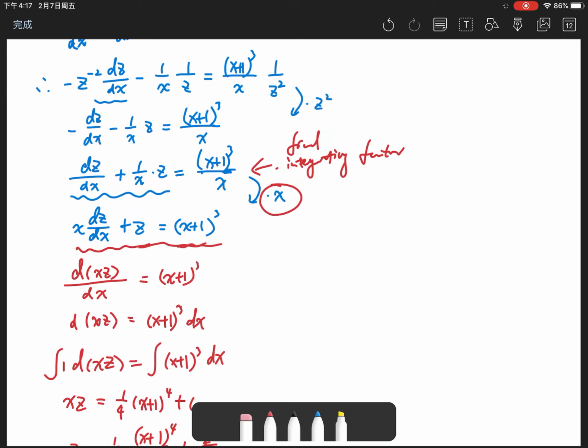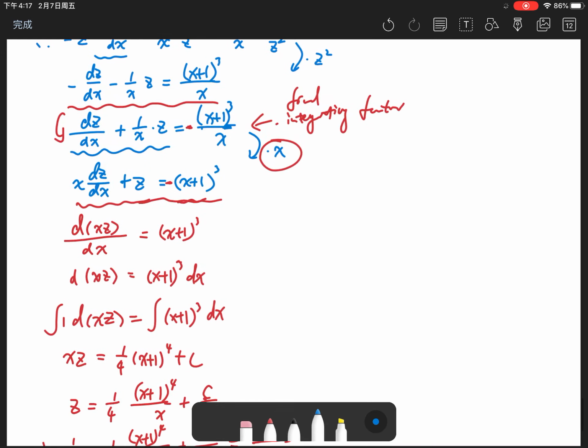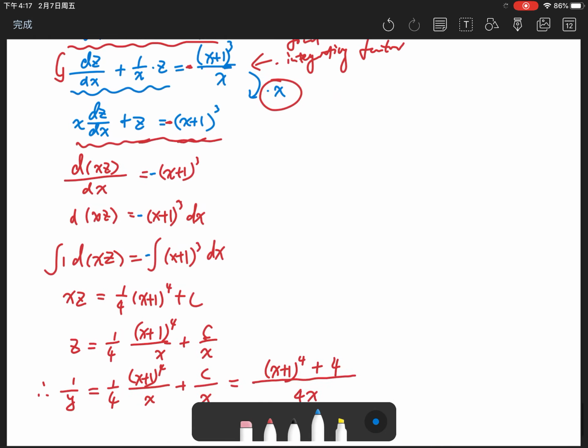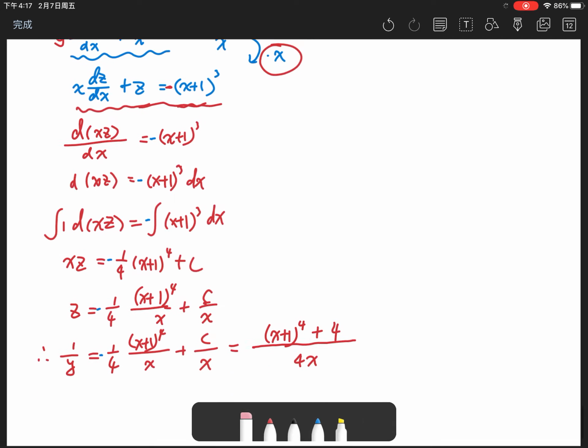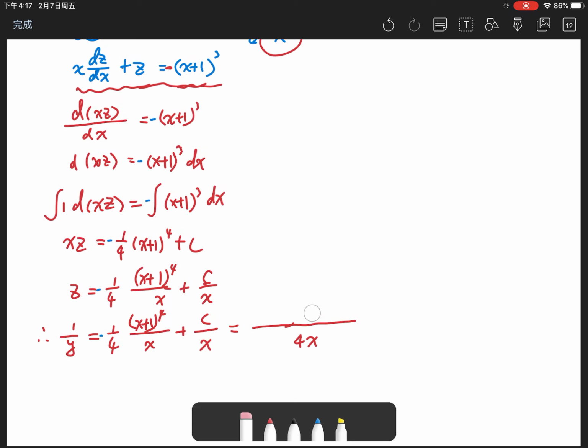Sorry, here I made a mistake. This step should be negative; I forgot a negative sign. We multiplied negative 1, so it is negative. We should have negative signs here, and here also.